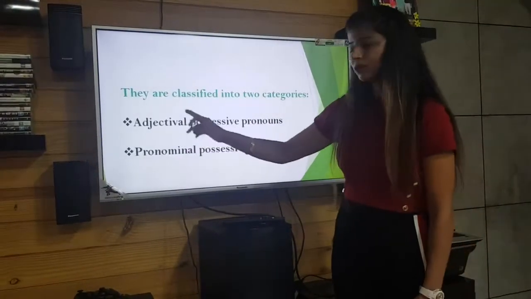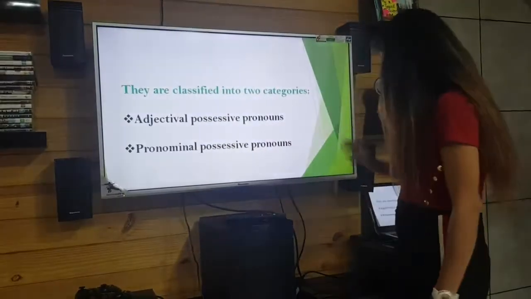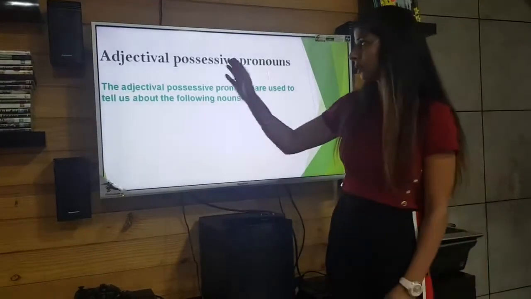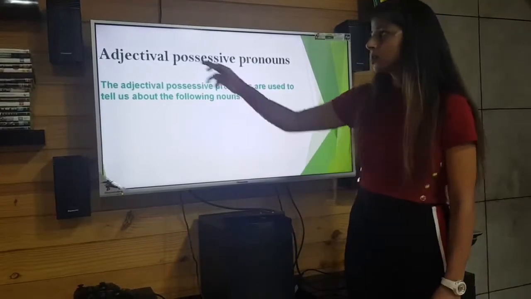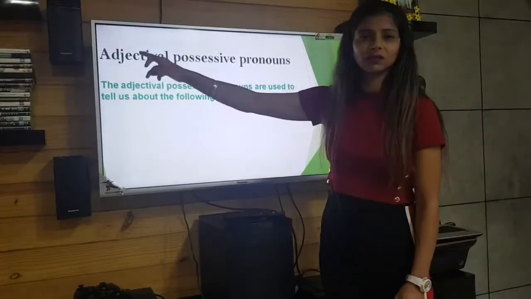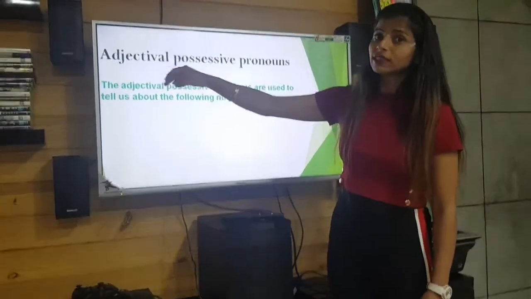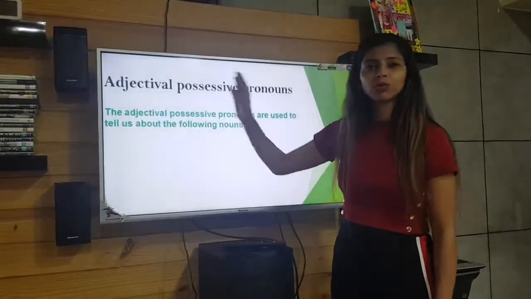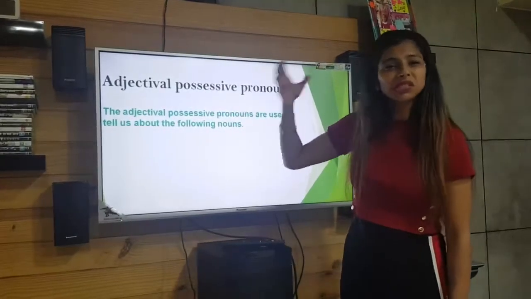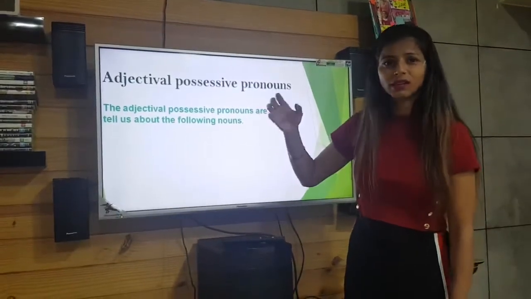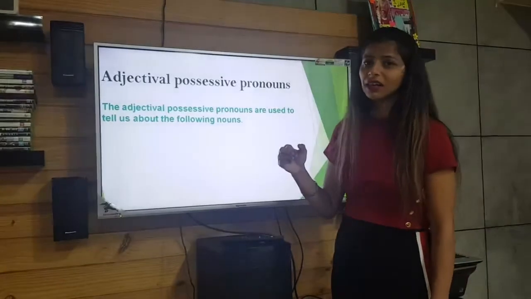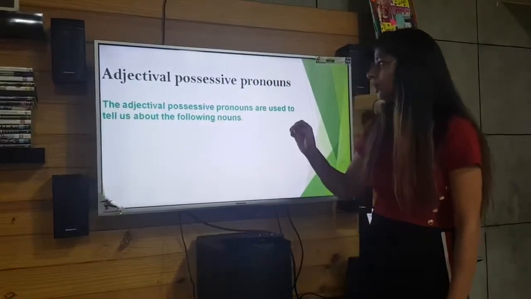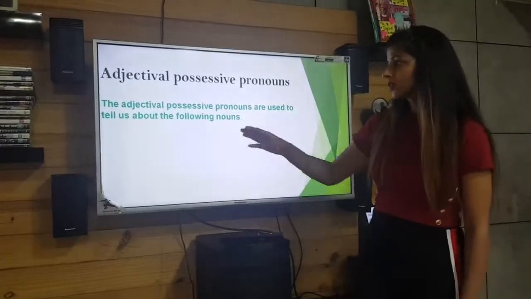Here we'll start with the first category, and let me tell you what these adjectival possessive pronouns are. By this word adjectival, you can guess on your own that these pronouns would have some sense of adjectives, right? Because these are having the word adjectival. So now let's see what that is.